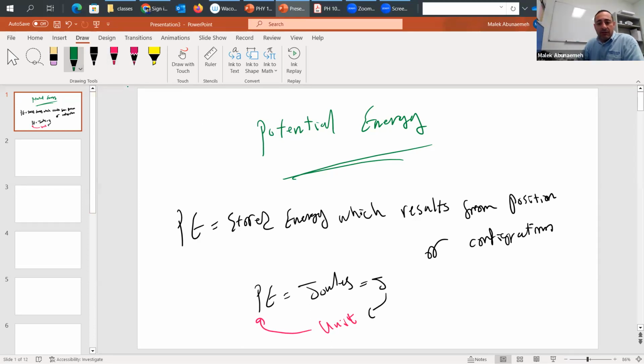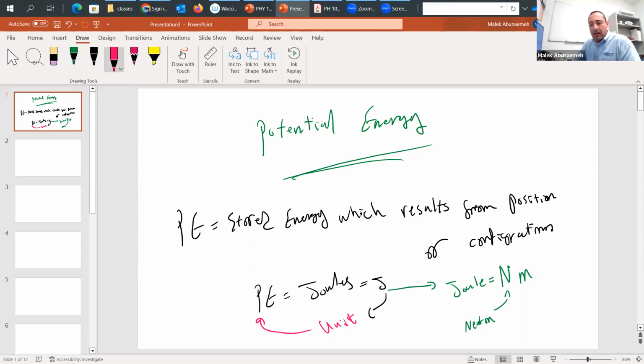And what is a joule? Well, we looked at it before as Newton meters, N for Newton and M for meters.